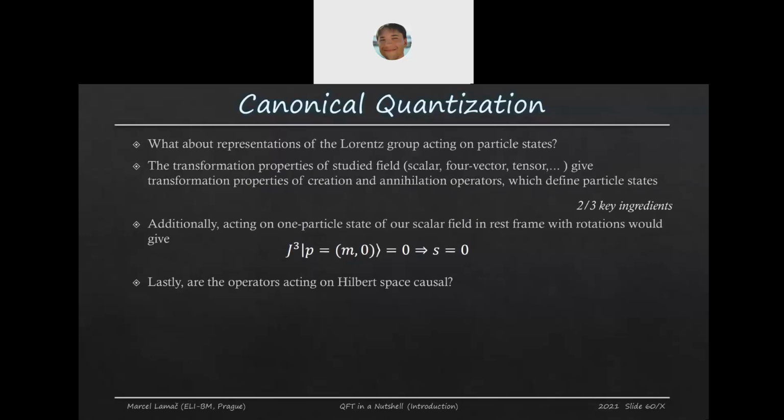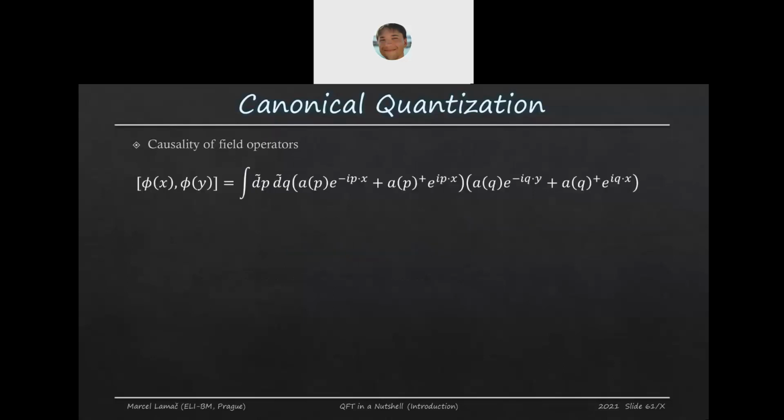Okay, so last thing. If these operators are the only ingredients of the Lagrangian, and therefore the only ingredients of the physical observables, then are these operators acting on the Hilbert space causal? We need to check that once again from the definition that we gave a few slides back. We do the commutator, so we use the definition of the field that we arrived at, and we simply do some calculations. Once again, we use the commutation relations of the operators, and we get to the following final formula.